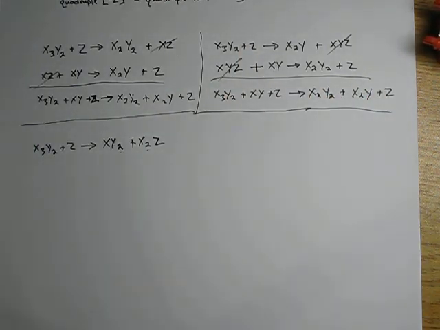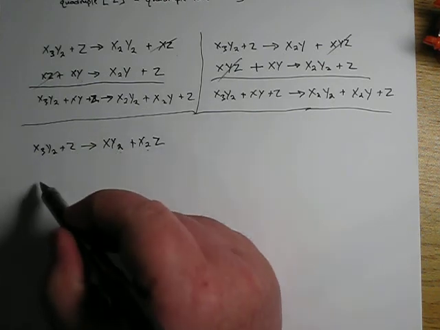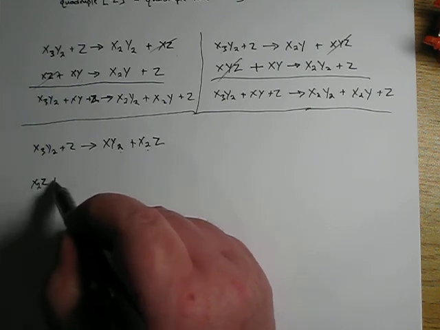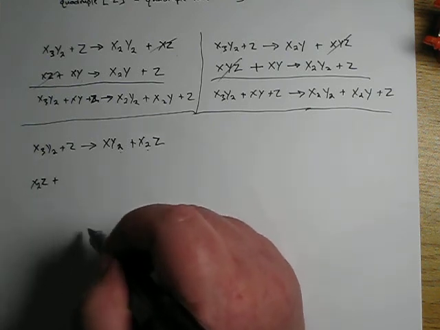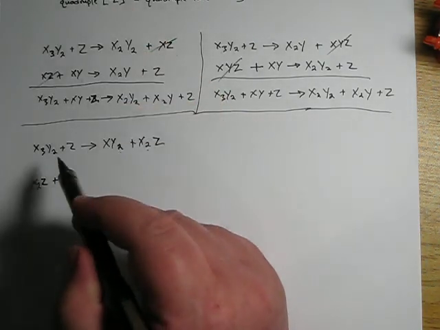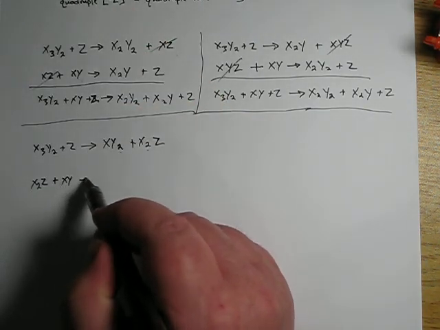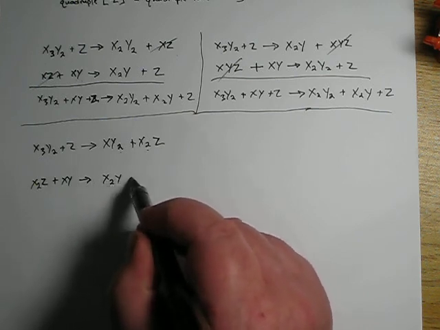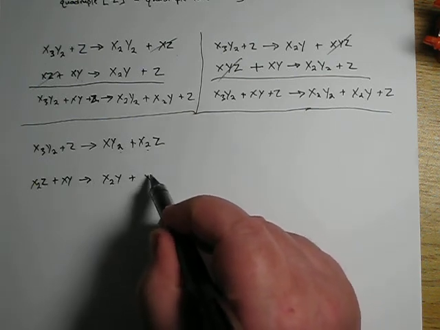Well, what can we do? Well, let's see. We've made an intermediate, so let's just take one of these intermediates, say the x2z, plus, oh, we've got to have our xy, plus xy goes to, well, let's make a product now, x2y plus xz.